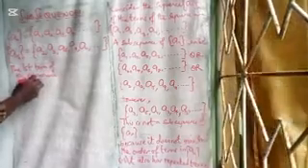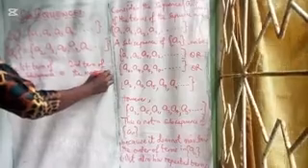What can we deduce from here? The first term of the subsequence, a sub n1, equals the second term of the main sequence, a2.